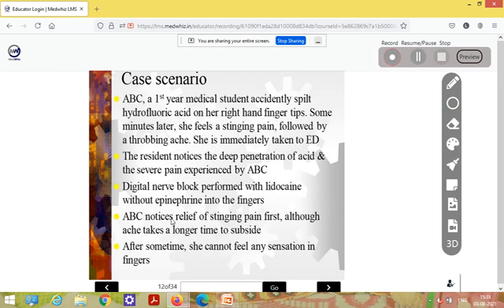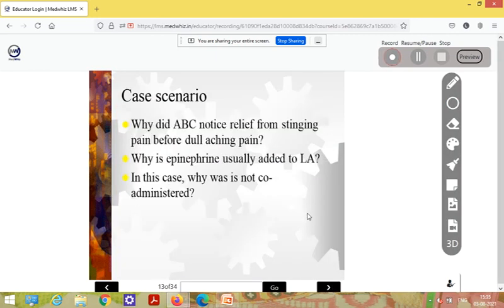And then what do you see? The person notices a relief of the stinging pain first, although the ache takes a longer time to subside. And after some time, she cannot feel any sensation in her fingers at all. So, the main idea of this case is to highlight why there was a difference in noticing a relief in stinging pain, which was earlier than your dull aching pain.